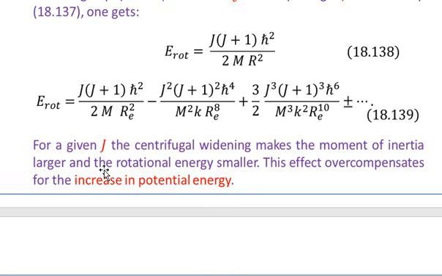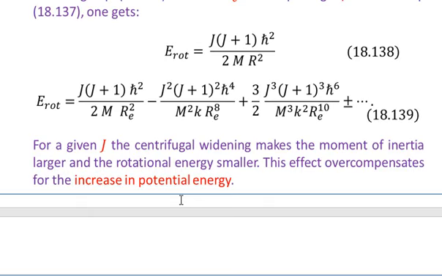So you see that the value of r will increase beyond the value of Re, so it means that the moment of inertia becomes larger and the rotational energy becomes smaller, because the rotational energy contains the moment of inertia in the denominator. So when the denominator becomes larger, then of course the rotational energy becomes smaller. This effect overcompensates for the increase in potential energy.